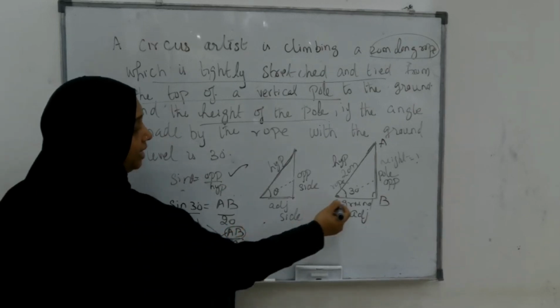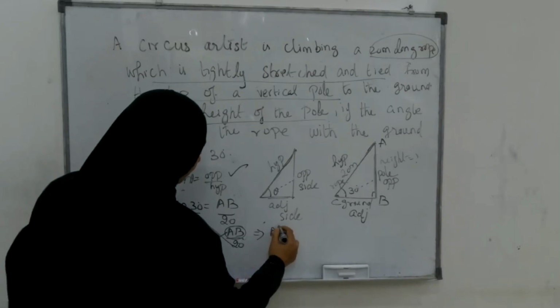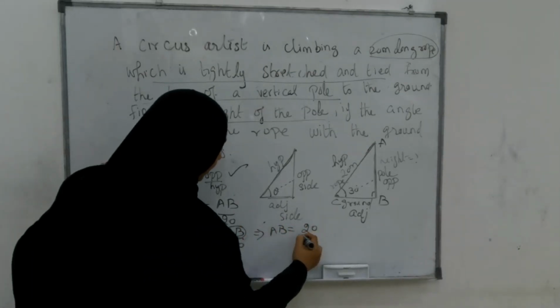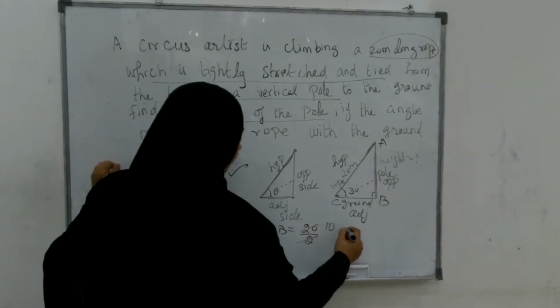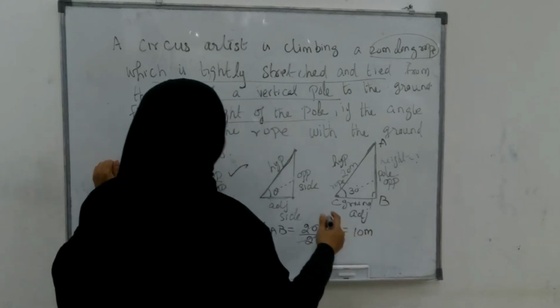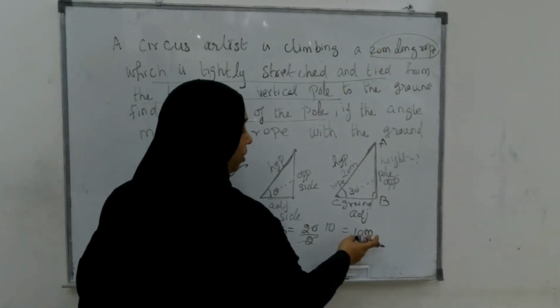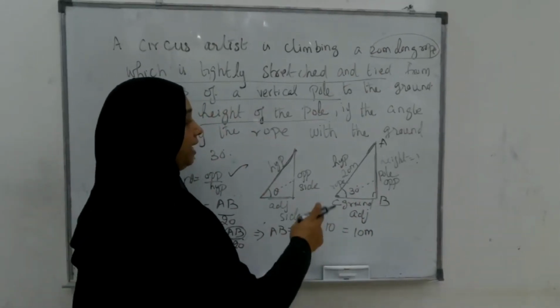AB is the height here. So AB is equal to 20 divided by 2, which is 10. So AB is 10 meter, because the length of the rope was given in meter, so the unit is also meter. So 10 meter is the height of the pole.